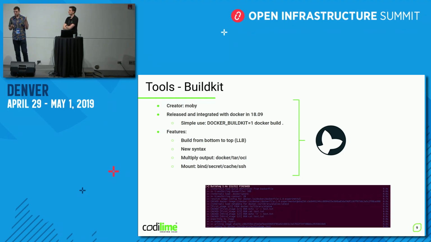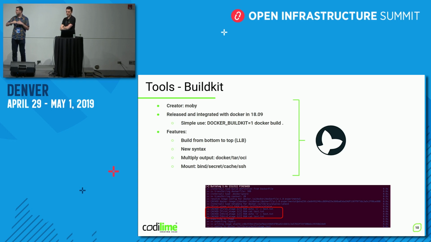Going back to our example, this is the output of the Docker BuildKit build for the same Dockerfile. As you can see, BuildKit builds from the bottom to top.